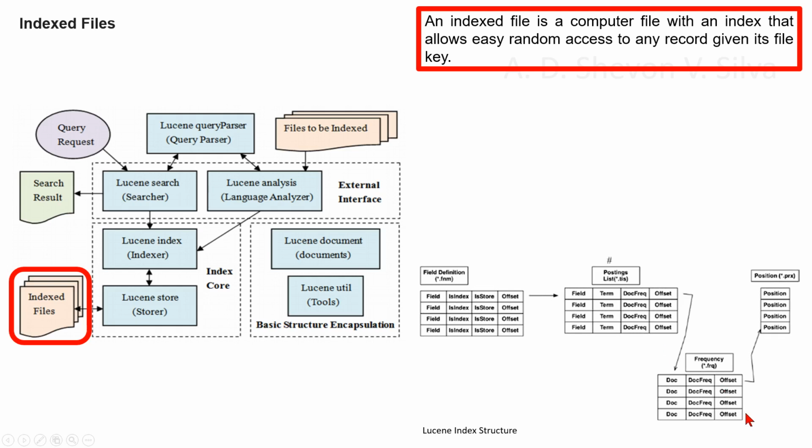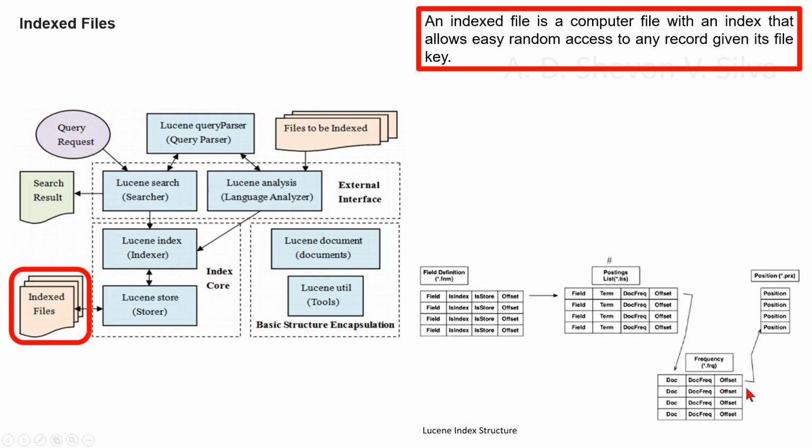The frequency file, with extension .frq, maps documents to a term. That is, it contains a list of all documents that contain a term present in the terms dictionary, along with the frequency of each term in the document.